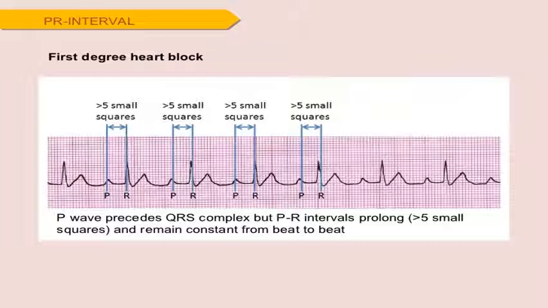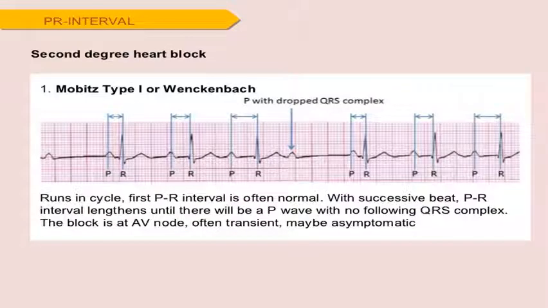In second degree block, what happens? There are two types. One is Mobitz type 1 heart block, that is the Wenckebach phenomenon. It runs in cycles. The first PR interval is often normal, with successive beats the PR interval lengthens until there is a P wave with no following QRS complex.